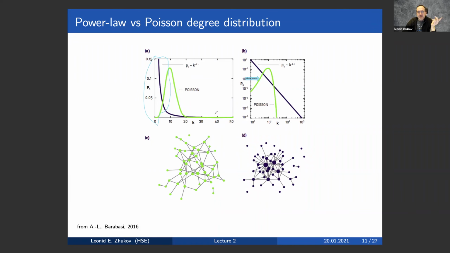But this is not the most striking feature. The most striking feature is hidden in the tail, which we don't see in this picture. But if we look at the logarithmic scale, we clearly see that for power law, for large degree nodes, we have a much higher probability of the existence of those nodes compared to Poisson.